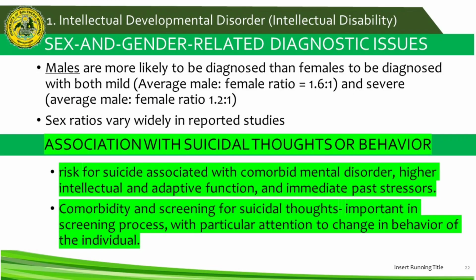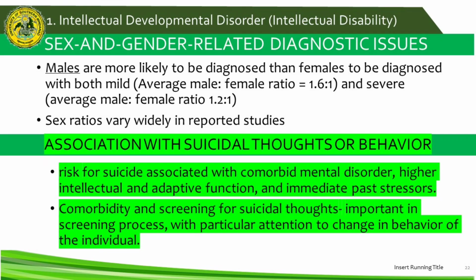For the sex and gender-related diagnostic issues naman, so sa DSM-5, ang section na ito is also gender-related diagnostic issues. So overall, males are more likely than females to be diagnosed with both mild and severe forms of intellectual disorder. However, yung sex ratios ay nag-iiba siya widely in reported studies.